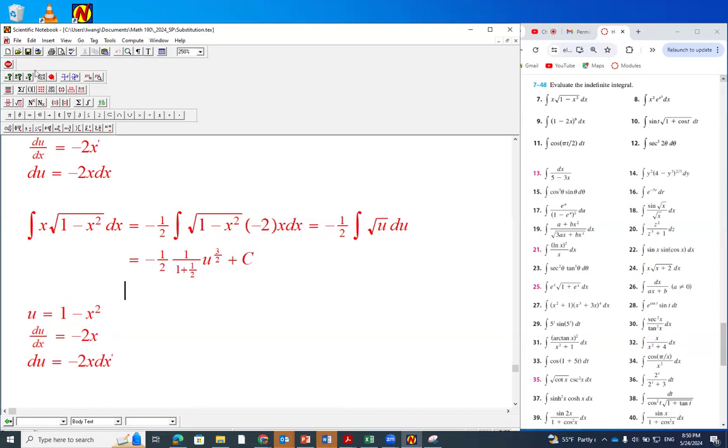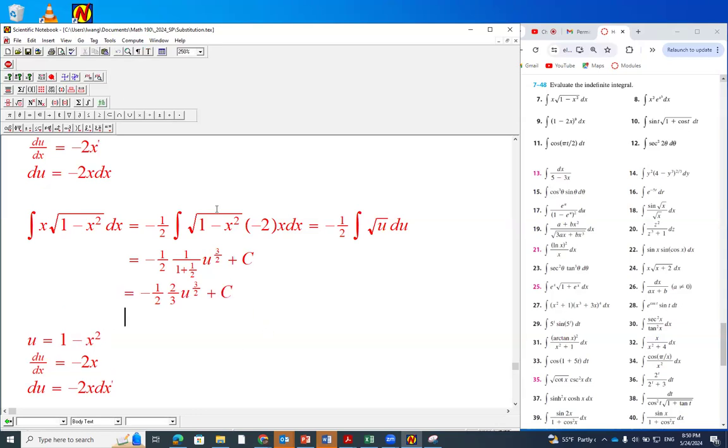So toward the end, we will have a negative half here. And what about this? This is going to be 1 over 3/2, which is 2/3. And the 2 and 2 reduce. So we bring the rest in place. One more step.